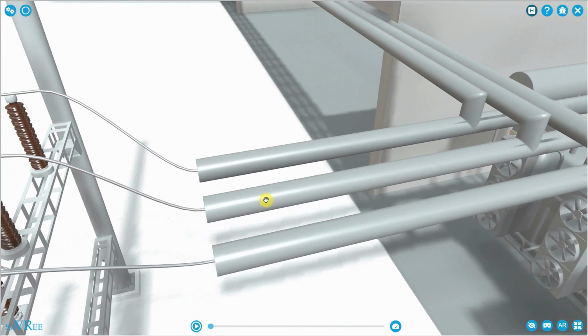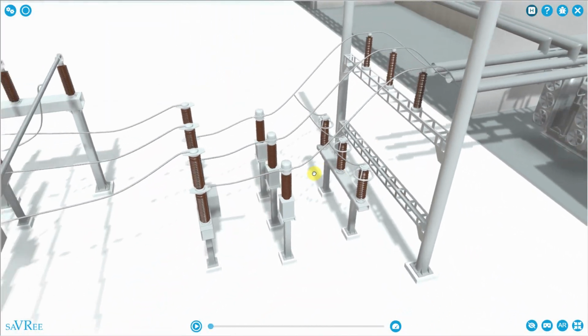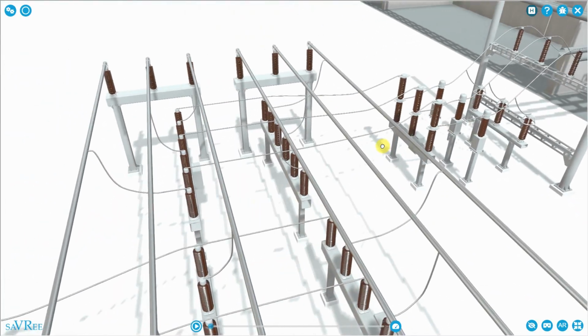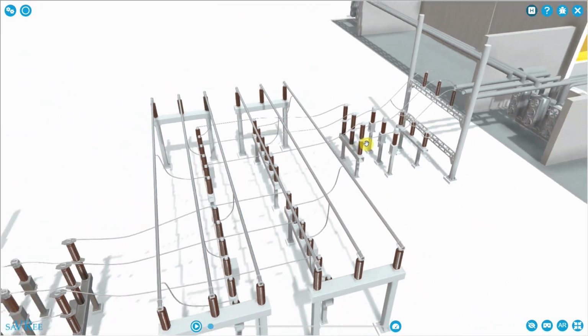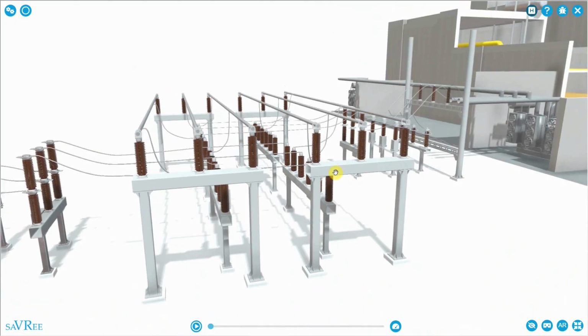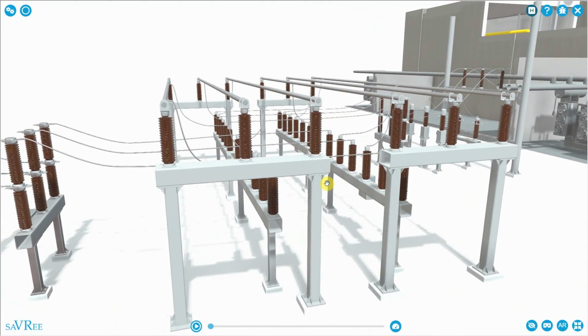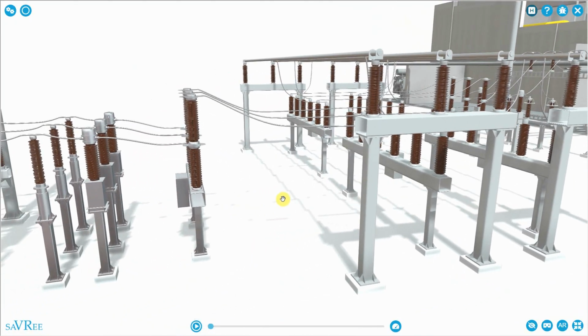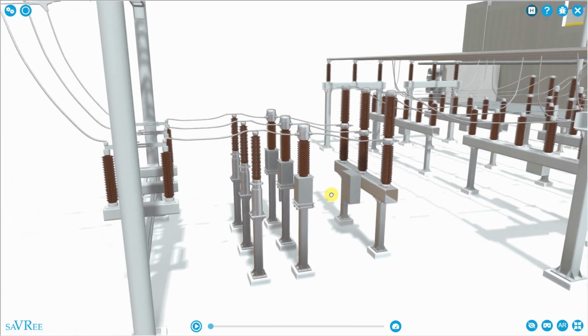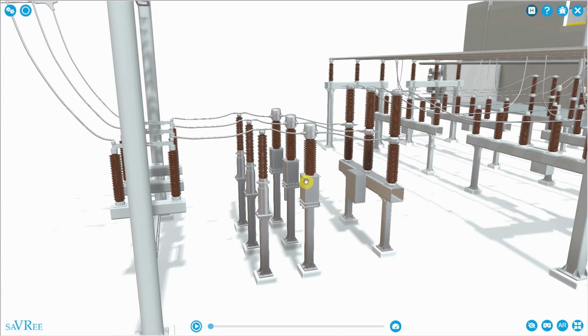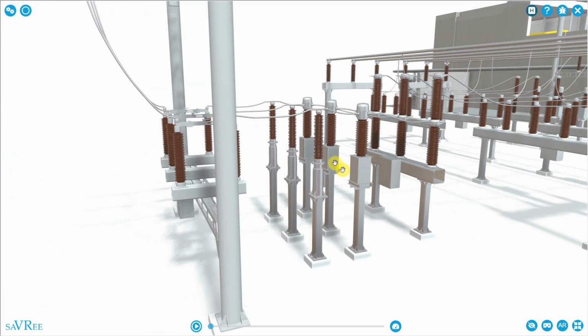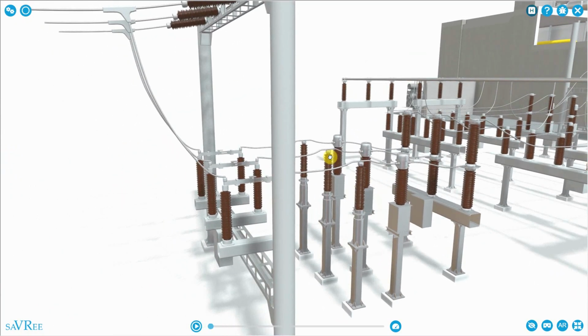From our electrical transformer, we're going to feed the electrical connections to an open air switchyard. You can see the switchyard is full of a lot of quite similar looking equipment. You're going to have current transformers, voltage transformers, surge arresters, electrical disconnectors. The open air switchyard is full of equipment used to protect our generator and transformer from the electrical grid.